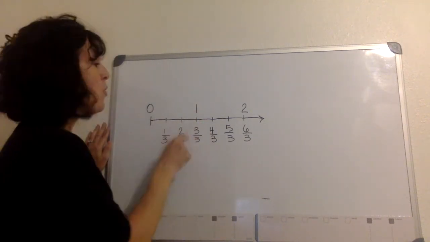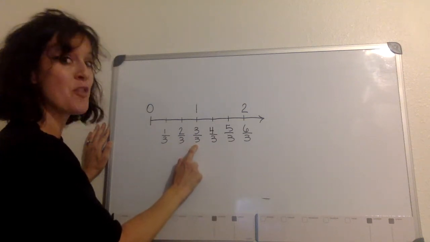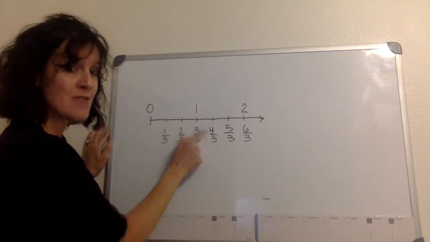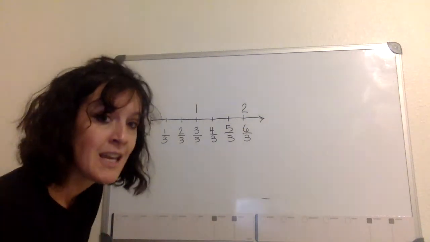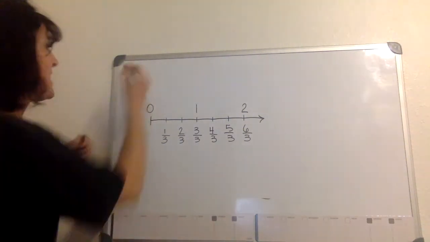Keep going. What happens if we add another increment to our 3/3? Well, it will be 4/3. Remember, 3/3 plus 1/3 is 4/3 because the denominators are the same.